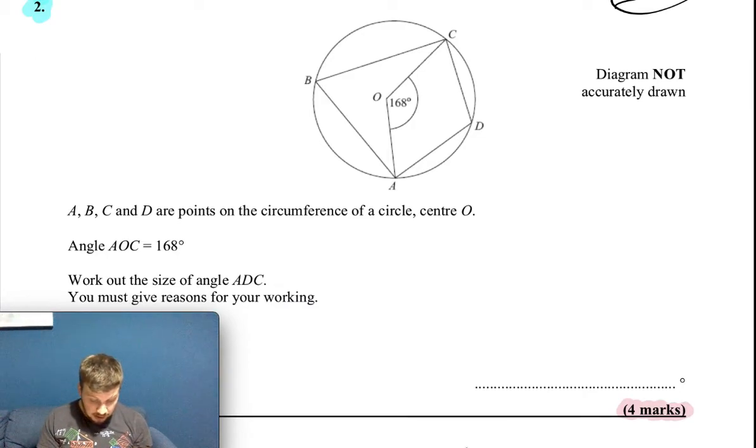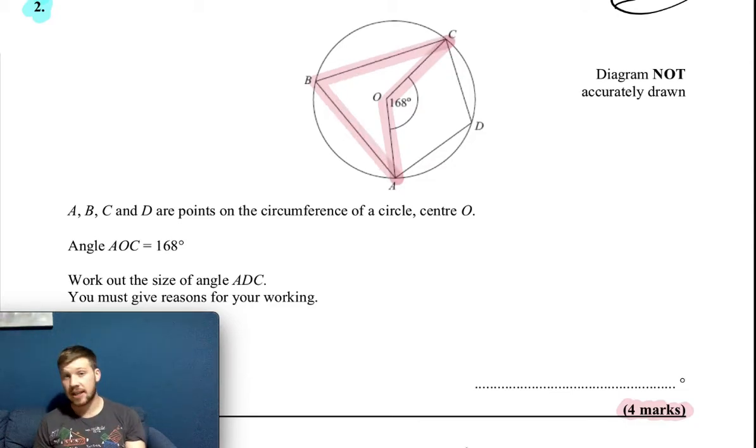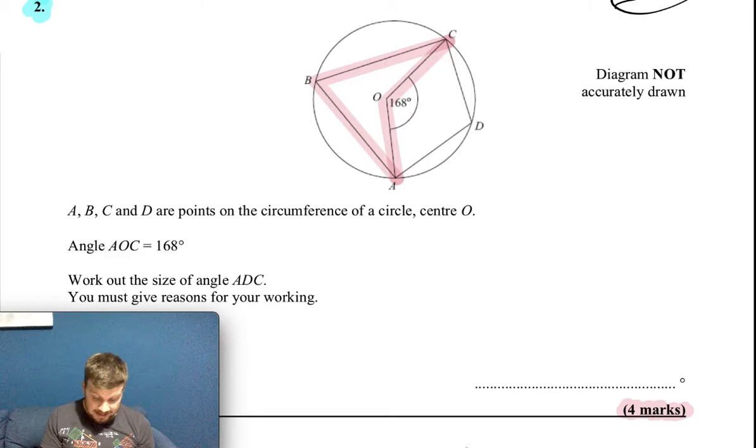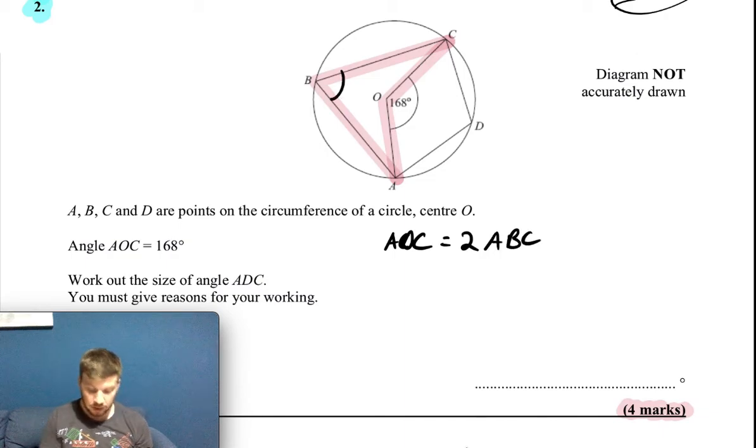So, let's have a look. Well, here we can see AOC, and if we also look, I've got ABC, angle at the centre is twice that of the angle subtended at the circumference. So I know straight away that AOC is equal to 2 lots of ABC. So if it's 168, that's going to be equal to 2 lots of ABC.